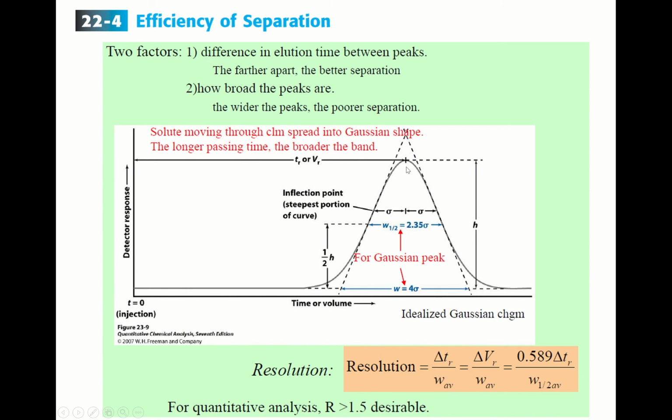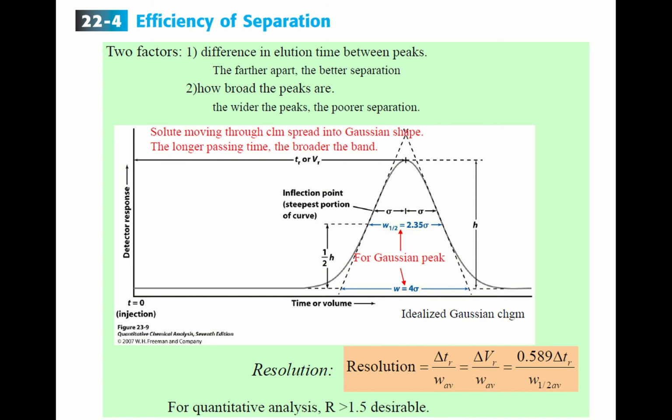The actual area under this chromatogram is proportional to the solute amount, and if peaks are overlapped, then it is difficult to separate. Yeah? And physically, it is difficult to separate.